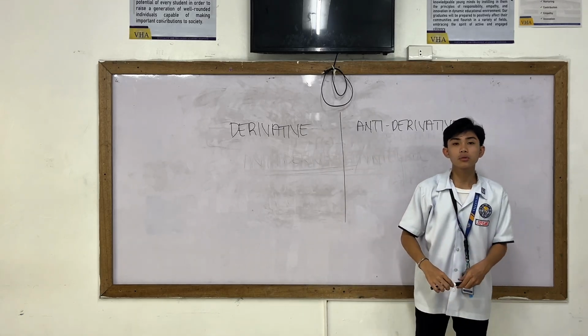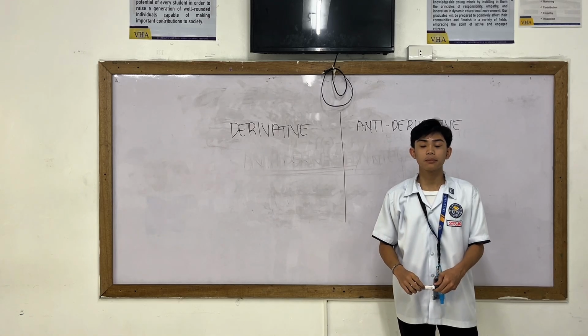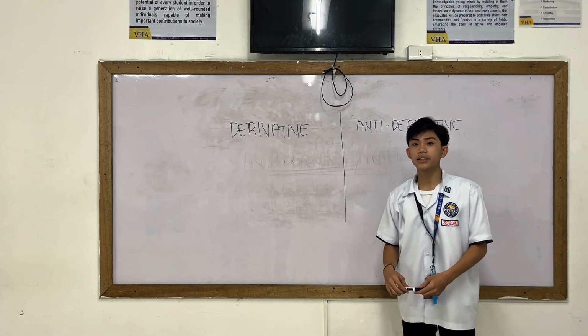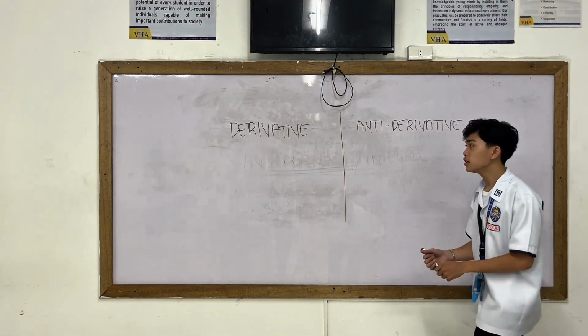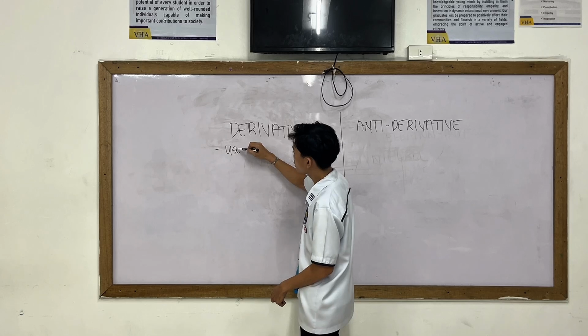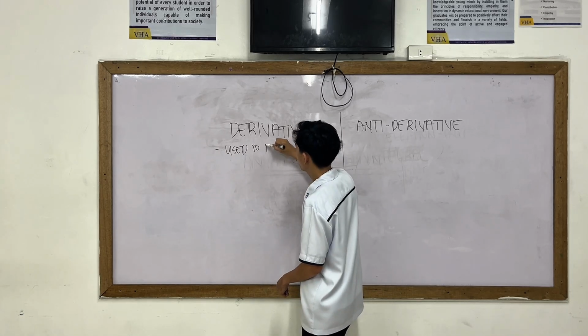Now that we know what antiderivative is, let us go to the relationship of antiderivative and derivative. Derivative is used to find the slope of a function.